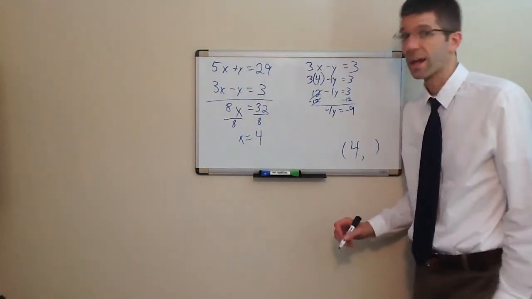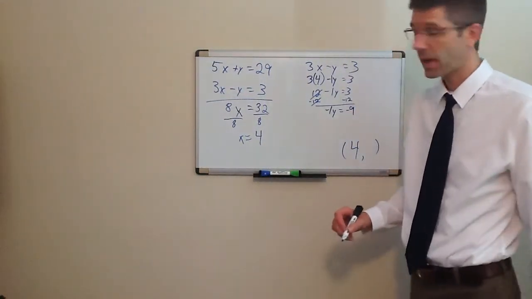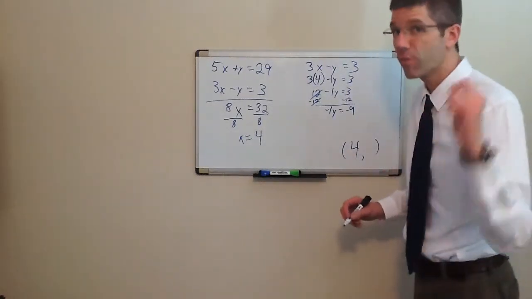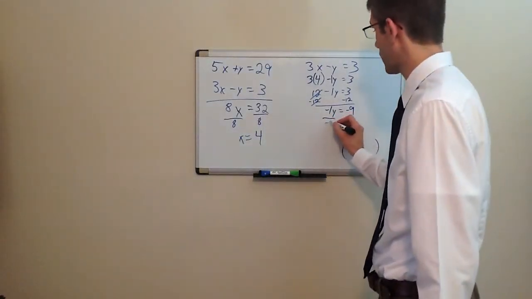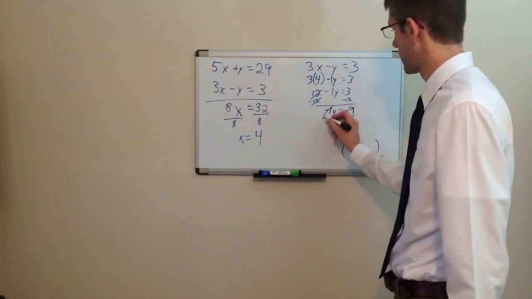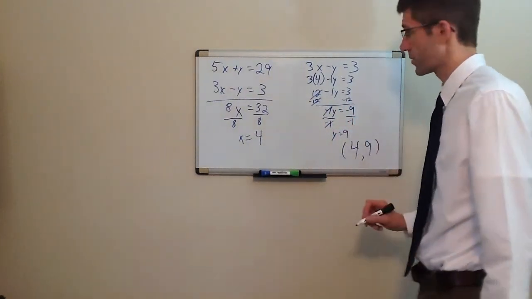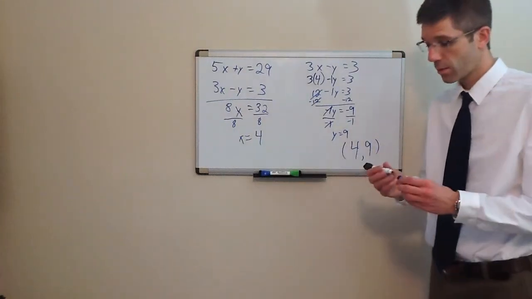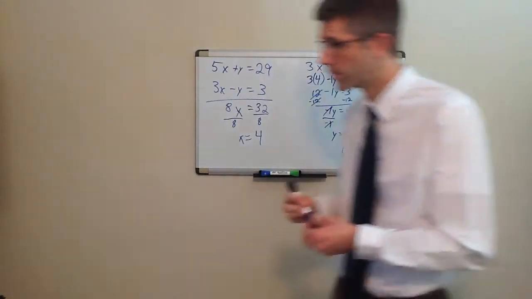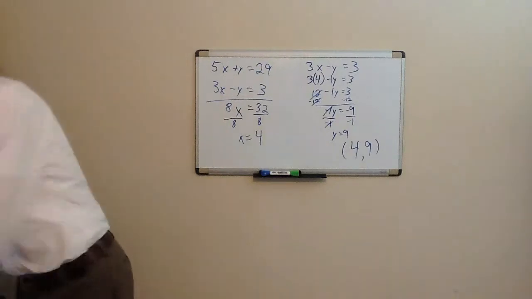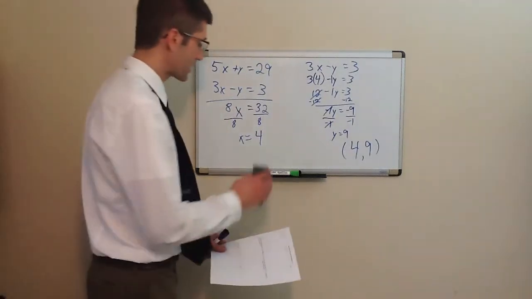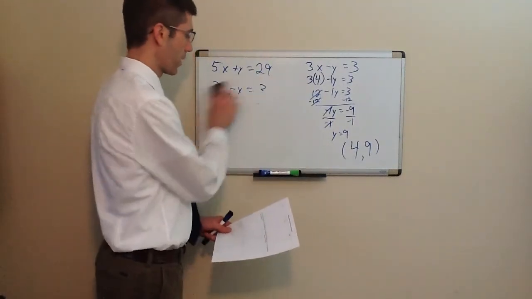Negative 1 times something gives me negative 9. If I divide by negative 1, then y equals 9. I found it. Okay? We have one more. And then the back side is completely up to you to do.